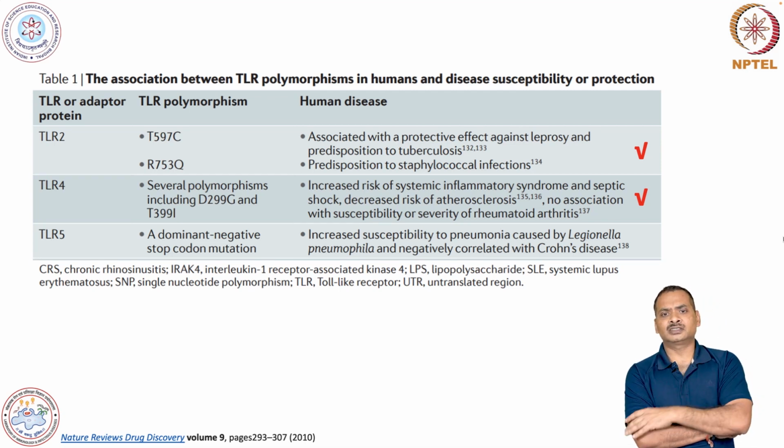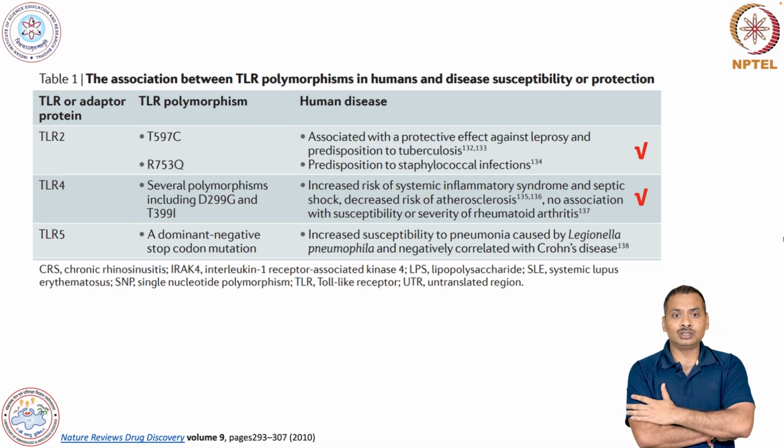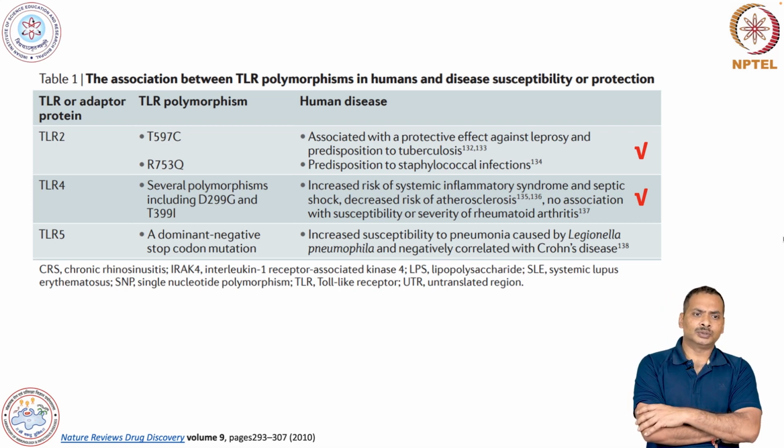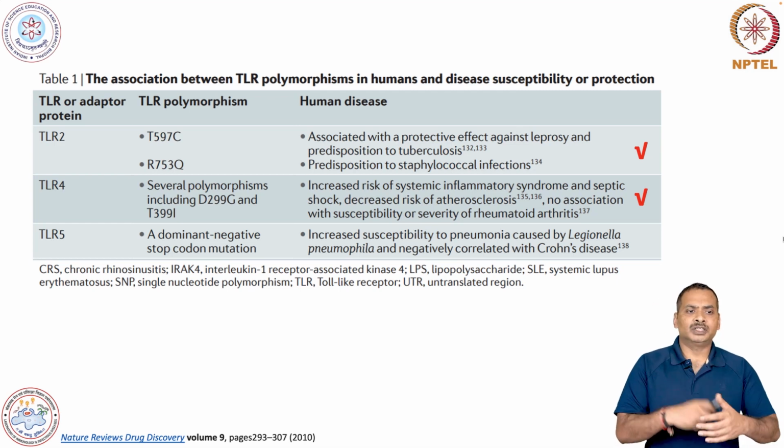There is an increased risk of systemic inflammatory syndrome and septic shock. Okay. However, it is not associated with rheumatoid arthritis. Okay. So these are some mutations which play a very important role in protection or development of disease.